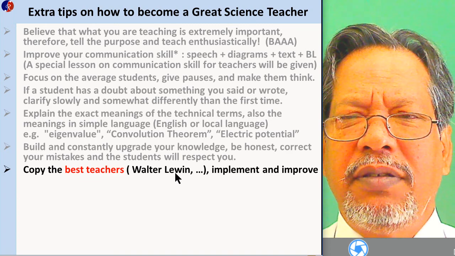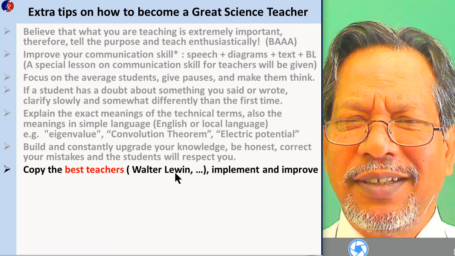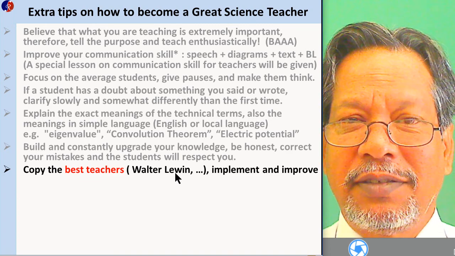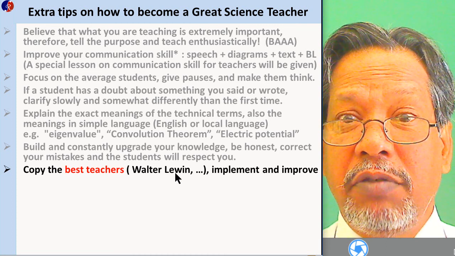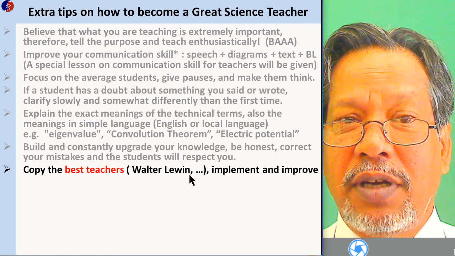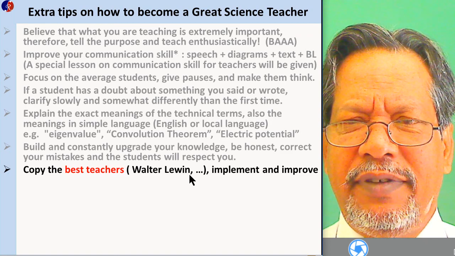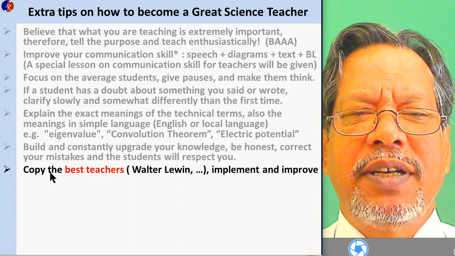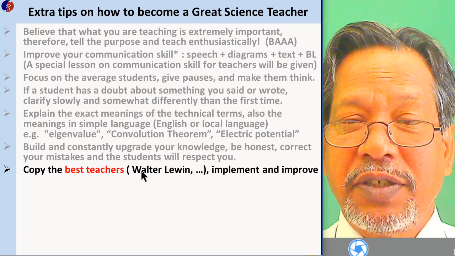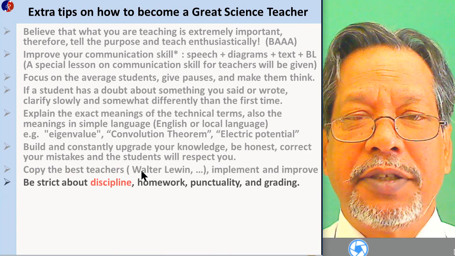Copy some of his styles, like doing a little experiment to get the students excited in the class, explaining very simply, writing very clearly, giving realistic examples. All that you can copy. And how active he is. Implement and improve. Implement some of those qualities of the best teachers and improve some of their styles.